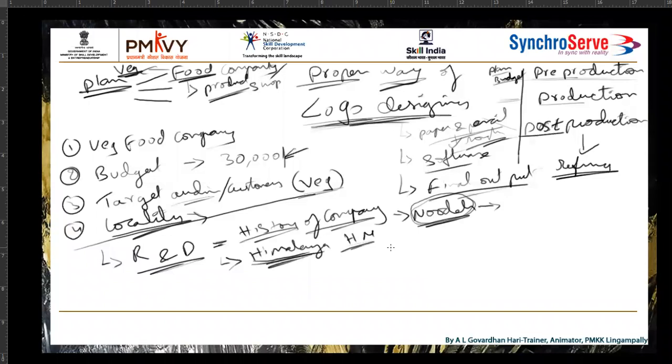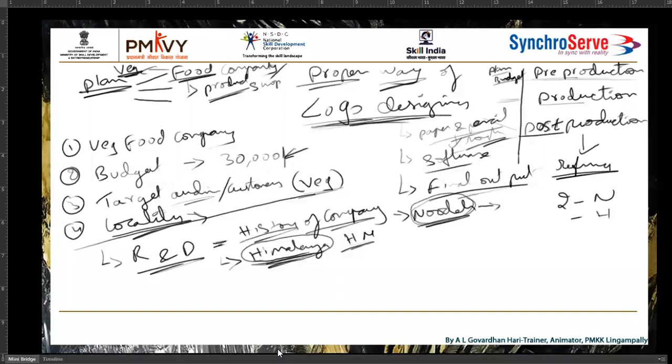So this is one of the points we got for our logo design. So how many points did we get? Totally 2 points. One is noodles, another one is Himalayas. So that's how you do research. So based on this, noodles and Himalayas, how do we start a design?